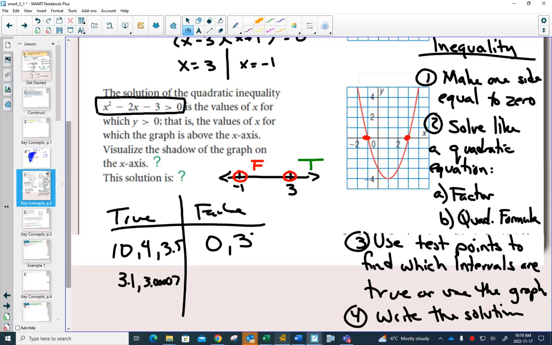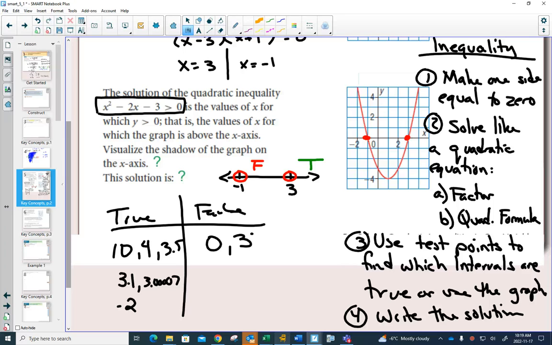What about something less than minus 1? We didn't test that. We could pick a number less than minus 1. Minus 2. Okay. If you plug in minus 2, what's this going to be? 4. This is going to be plus 4 minus 3. It's going to be 5.